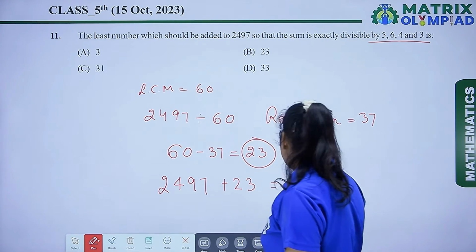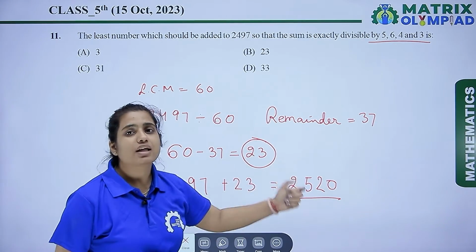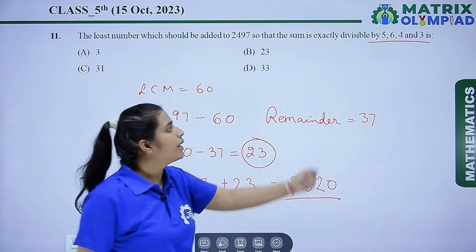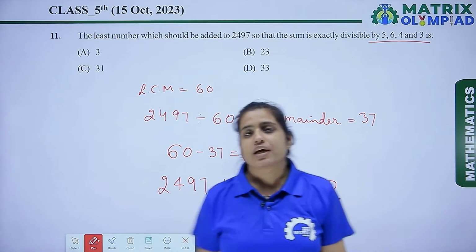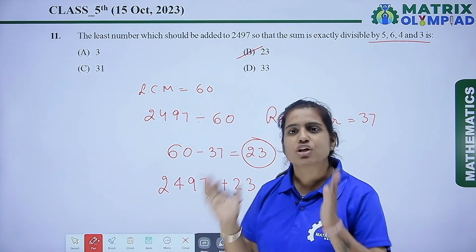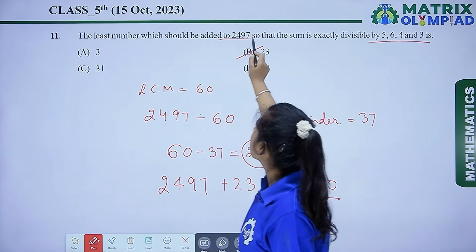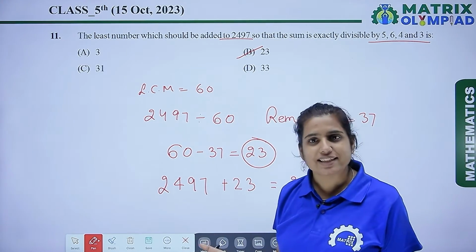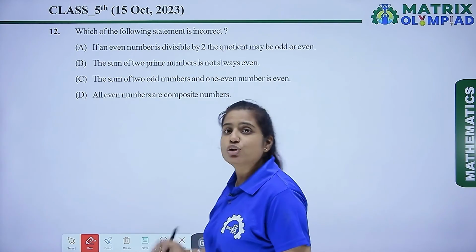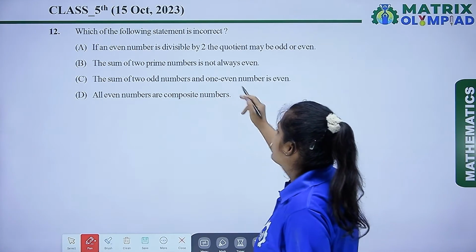And this 2520 is that number which is divisible by 60. So here the correct answer is option B, that is 23. तो 23 एक ऐसा नंबर है जिसको हमें ऐड करना है 2497 में.